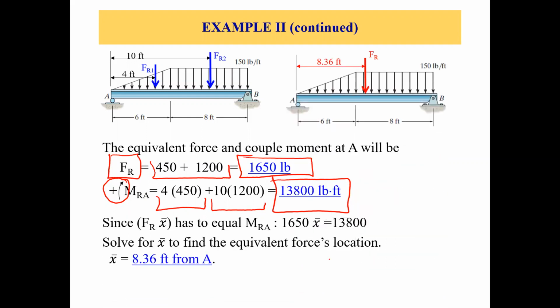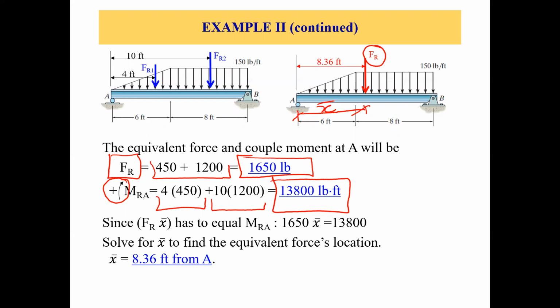Now we understand that FR is the total force, which is FR1 plus FR2. The moment due to FR equals the total moment due to FR1 and FR2. And this FR is at some distance from point A, let's say X bar. So FR times X bar is the total moment, which should equal the moment from FR1 and FR2, which is 13,800 pounds feet.